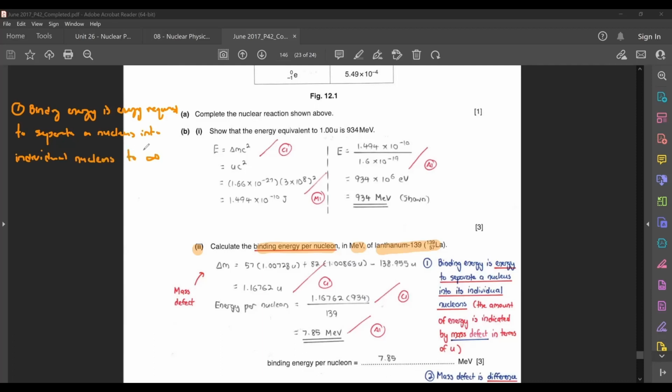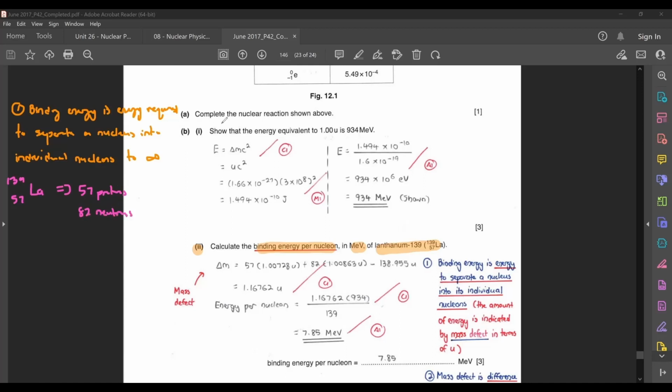That's the definition of binding energy. Okay, so in your case, think of it this way. Your lanthanum 139, 57, it has 57 protons, and then you subsequently have 82 neutrons.